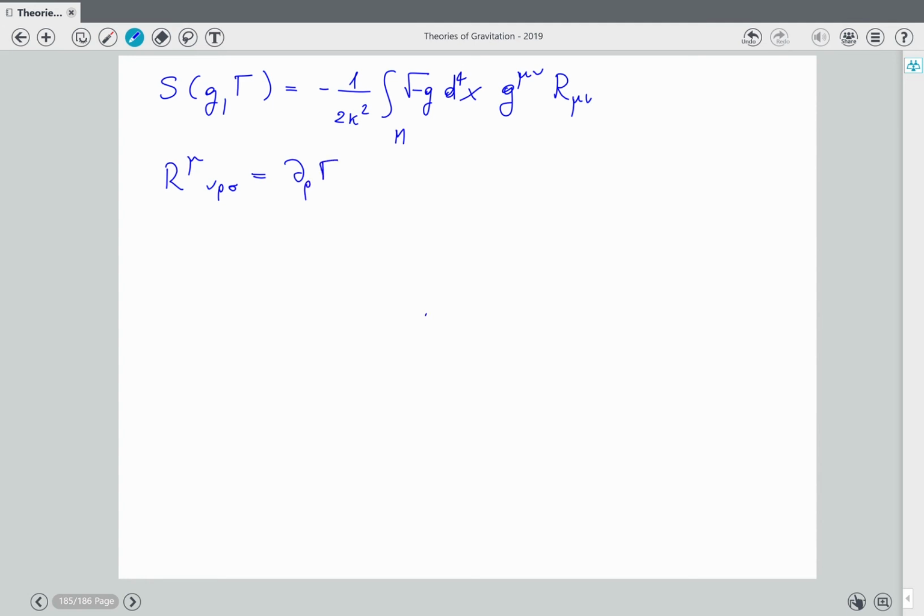The Riemann tensor only knows about the Christoffel symbols, and the same about the Ricci tensor. So the Ricci tensor is just a function of gamma, not of g mu nu. g mu nu is only here and here. There is no g mu nu inside R mu nu.